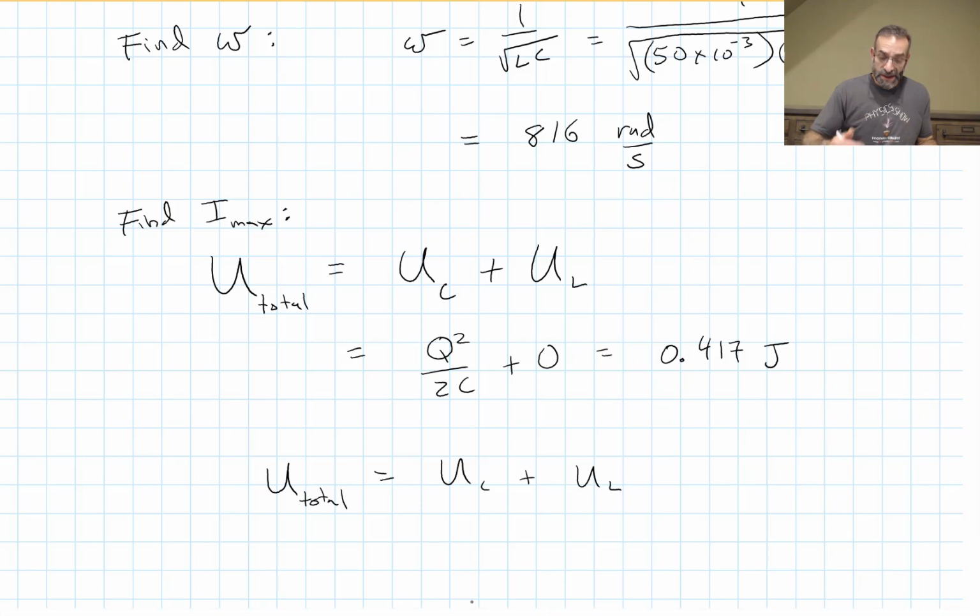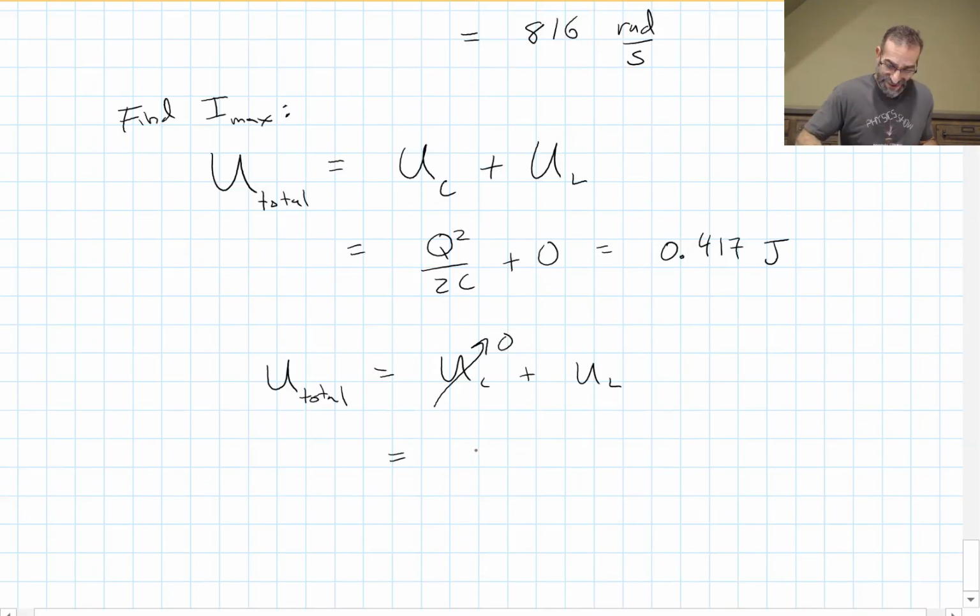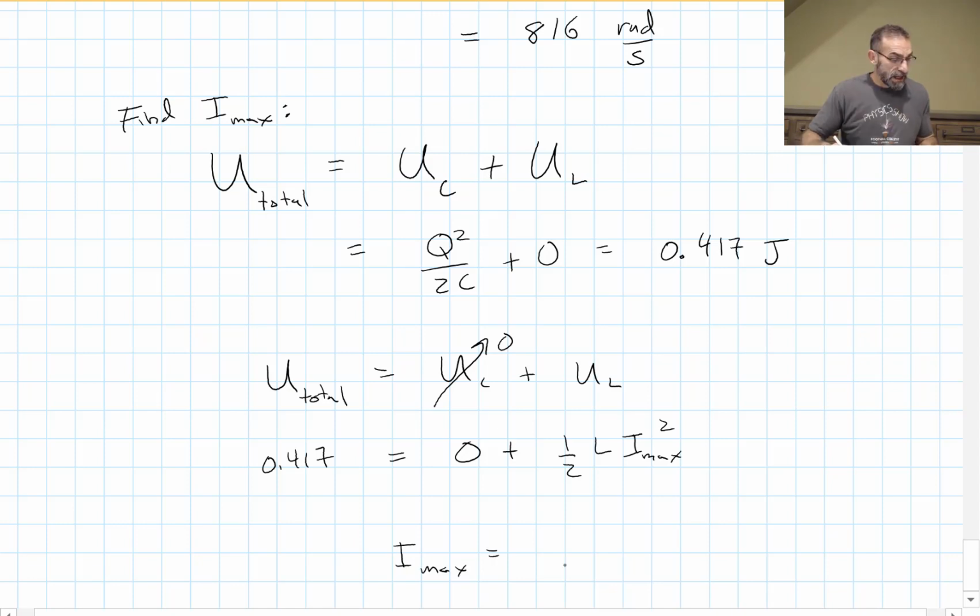And there's not going to be any charge on the capacitor. And that's when the current is at its maximum value. So we can set this up and solve for I maximum. And I got 4.08 amps when I plugged in the numbers.